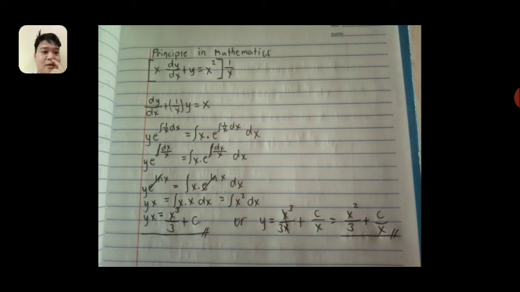If we solve for y, y equals x raised to 3 over 3x plus c over x, which is x squared over 3 plus c over x. We get this by dividing both sides by x, cancelling the x beside y.